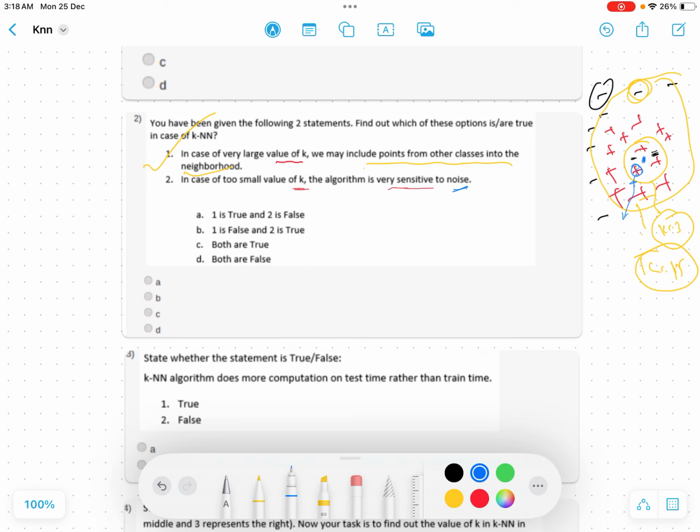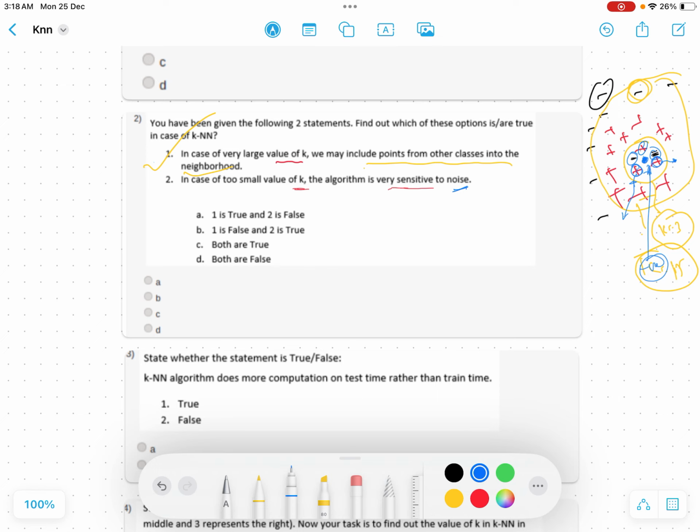And suppose this one also has some noise and appears out of the neighborhood. Then the decision is going to be that this will be classified as negative, because there are two negatives and one positive.